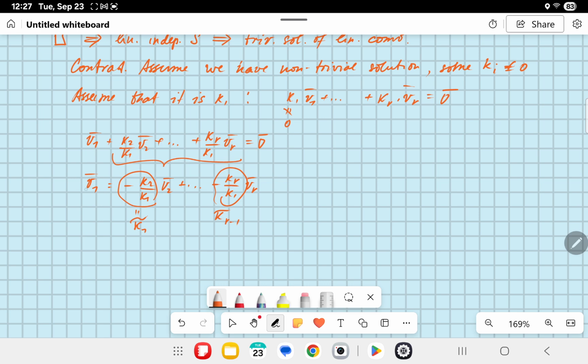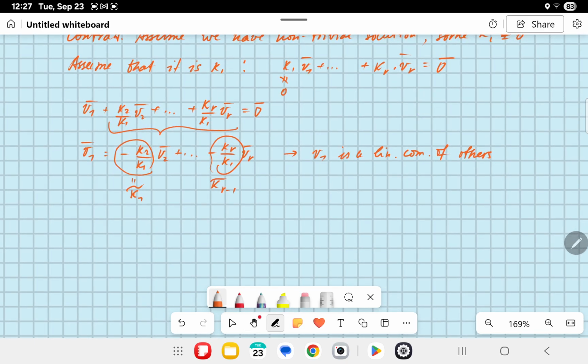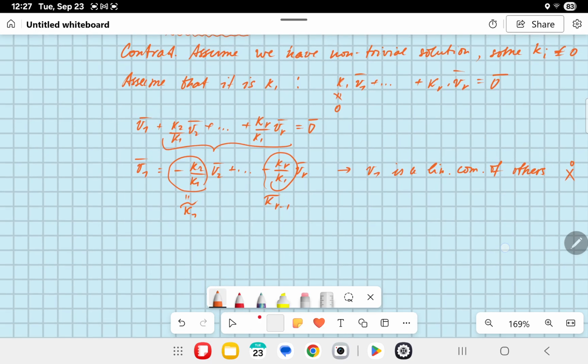So actually what we did was express v1 as a linear combination of the others. What does it mean? It contradicts our given condition of linear independence, because if we can express one vector through the others, they're not linearly independent. So we got our contradiction.